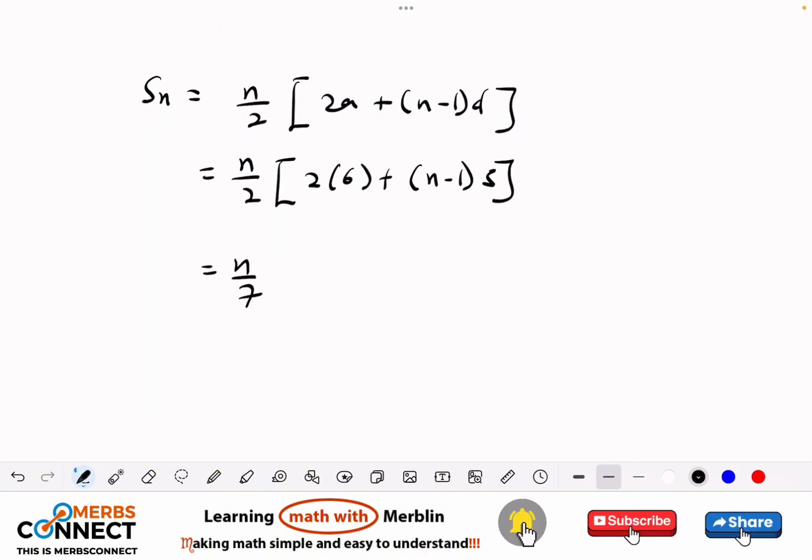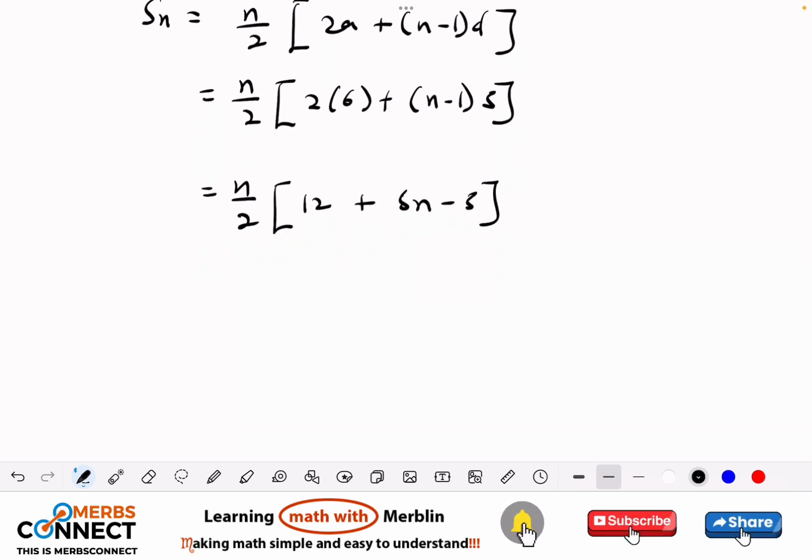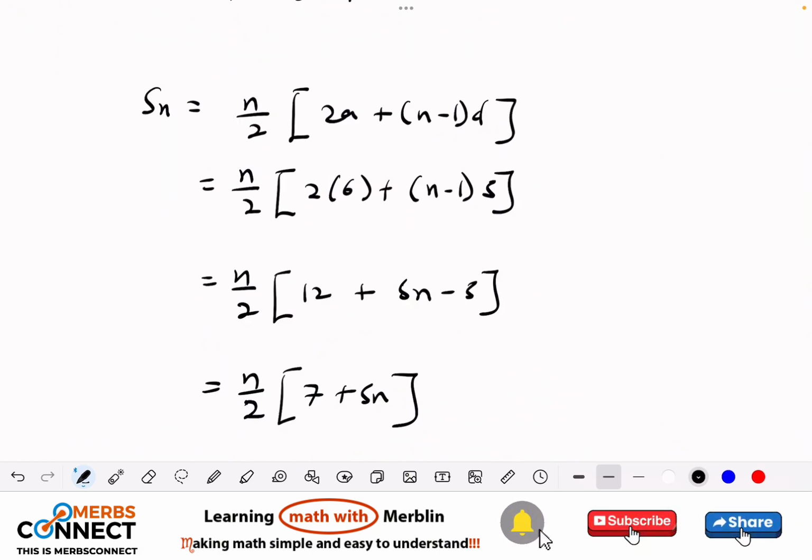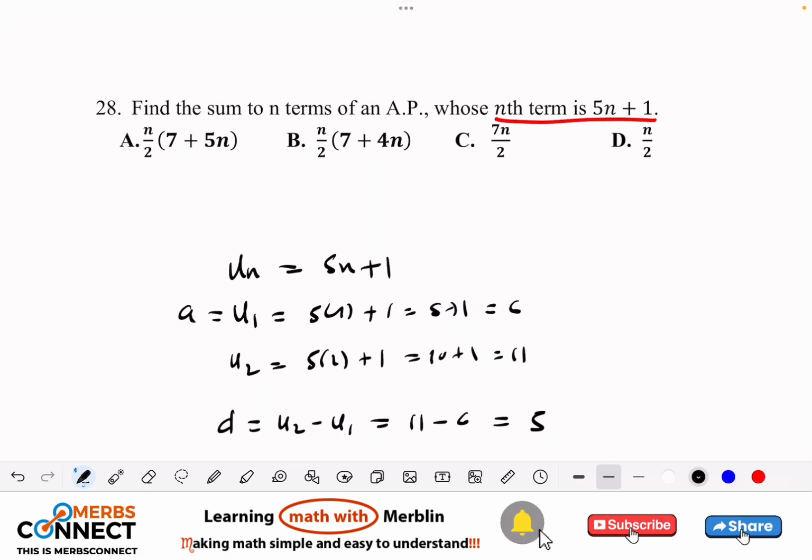This will be N over 2, 12 plus 5N minus 5. And this should be giving us 12 minus 5 is 7, plus 5N. So let's see if it is there. 7 plus 5N, and then we have it there. Okay, so we have it here, which is right here.